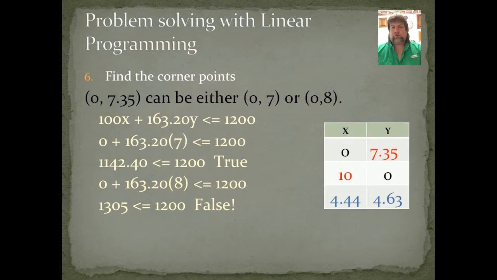The 7.35 can either be 7 or 8, and we do the test with the two inequalities. With 7, we see that it is true here. But 8 ends up being false because 1305 is not less than or equal to 1200.